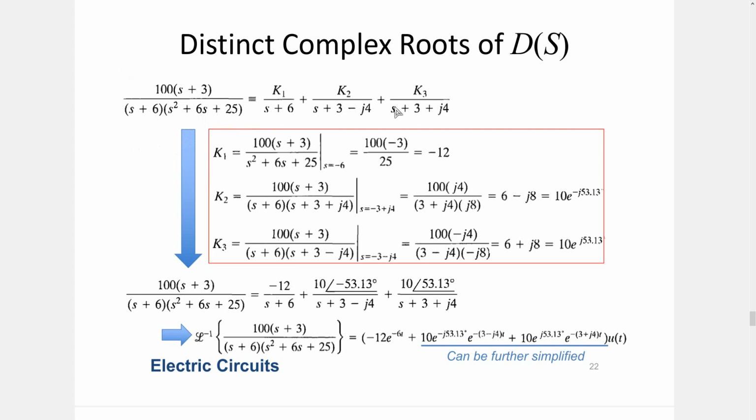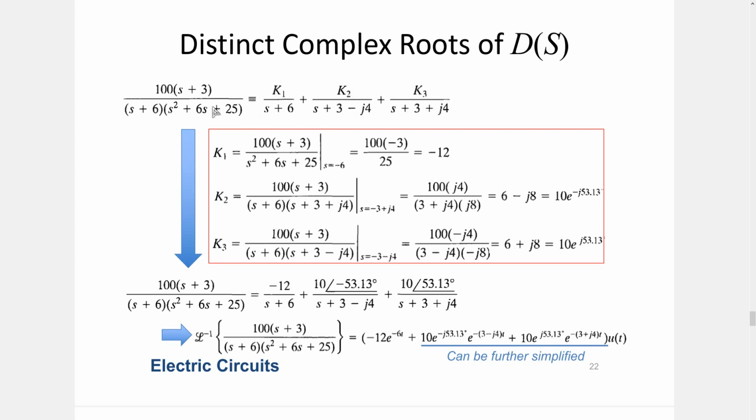So I can still decompose or factorize this into some expressions. Then we can simply use the technique we have learned previously to find the coefficients as well.